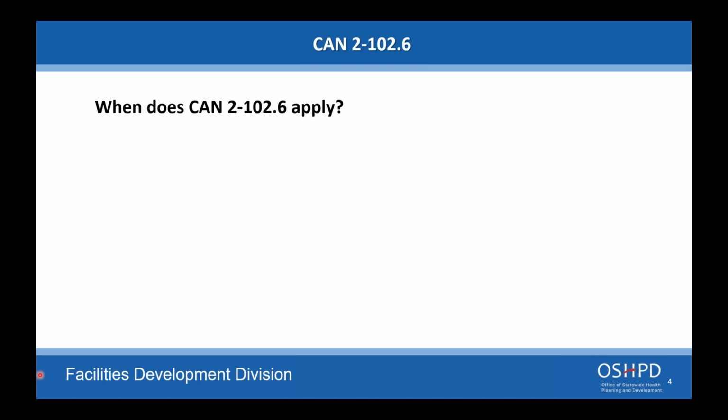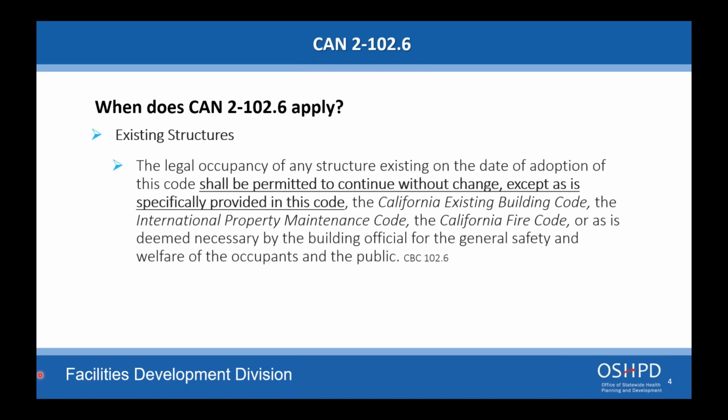So when does the CAN apply? It applies for existing structures. A legal occupancy of any structure existing on the date of adoption of this code shall be permitted to continue without change, except as specifically provided in this code. So basically what that's telling us is that if a building is built in compliance with the code in which it was permitted, it can remain in use as is indefinitely, unless a specific provision comes up.